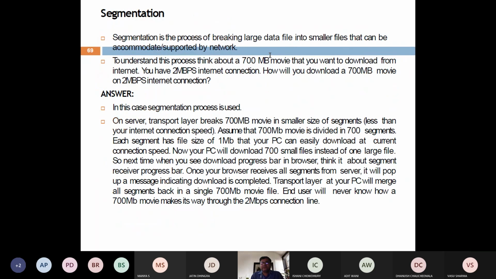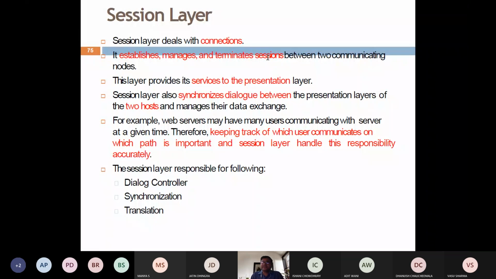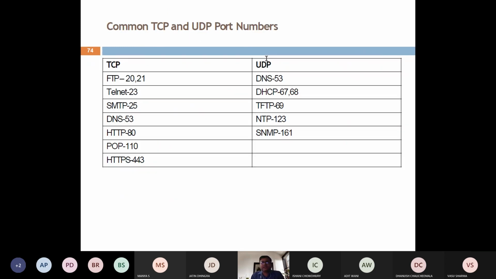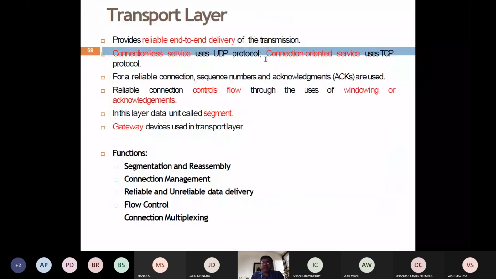The top 3 layers, that is application, presentation, and session, call it data only. So data, segment, packet, frame, bit: these are the 5 terms you have to remember, which will be helpful when we discuss the data units in different layers.